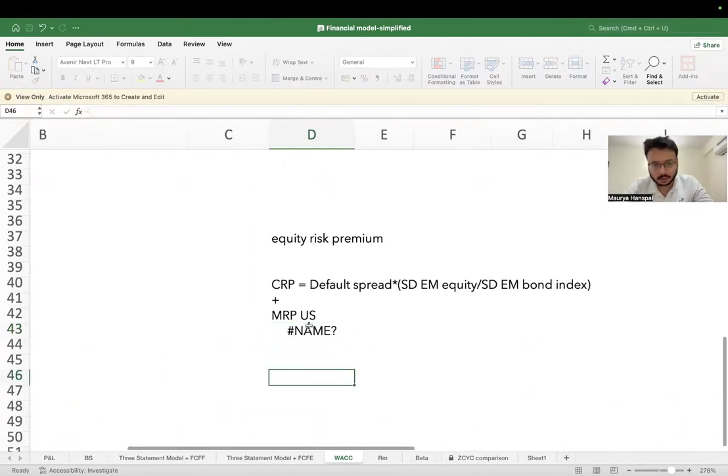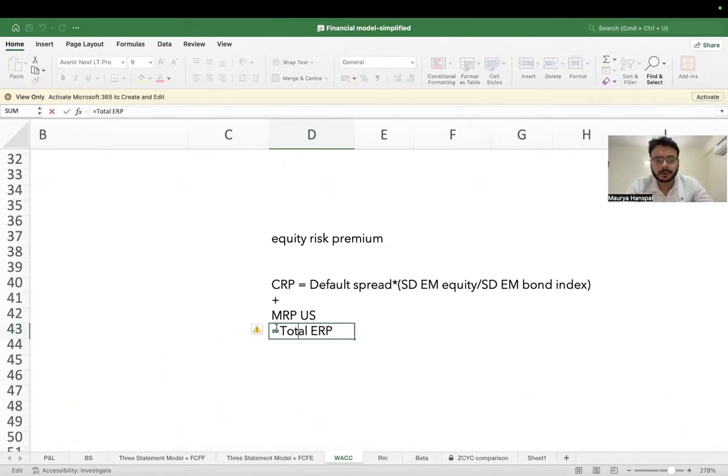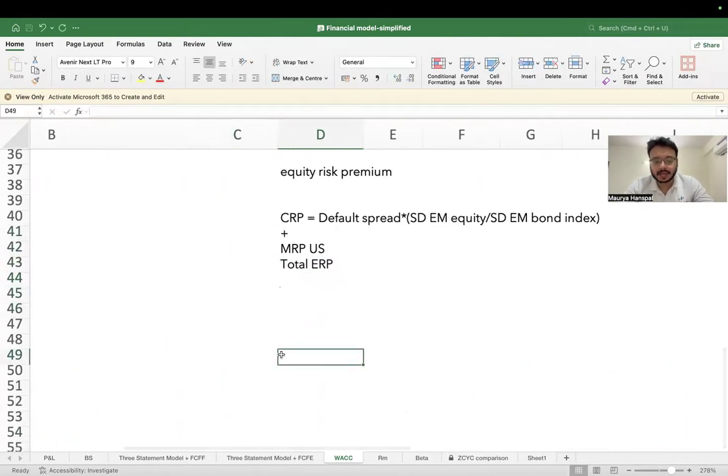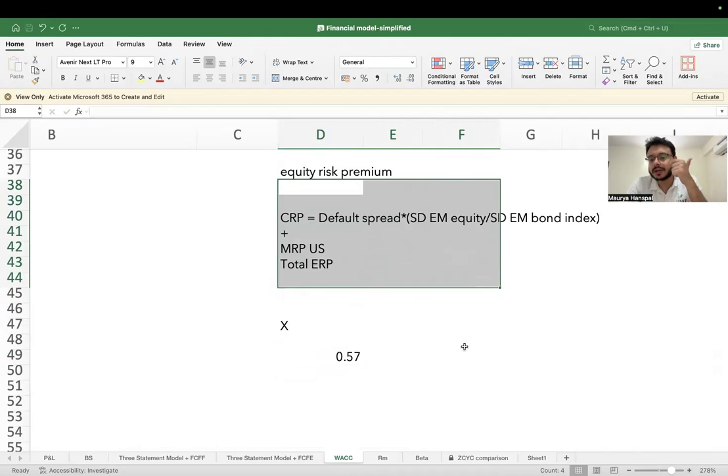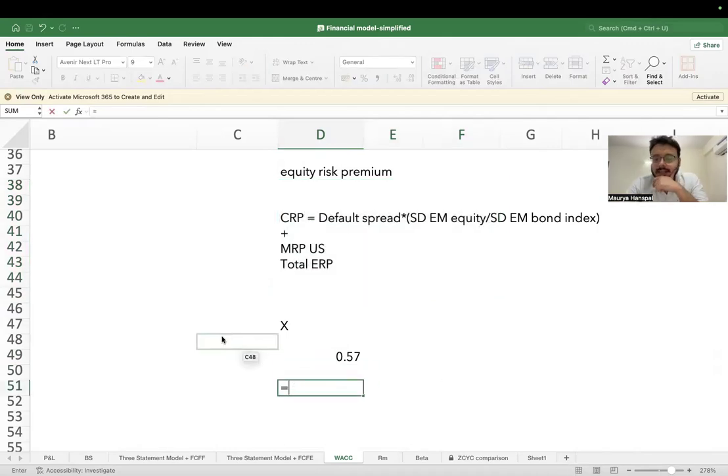Okay. One thing also, what people tend to do is, for example, if I take a company X, any company X, and I want to calculate the cost of equity for that. Assume the beta for that company is 0.57. And by using this concept, I want to calculate the equity risk premium. I can simply take the risk-free rate.